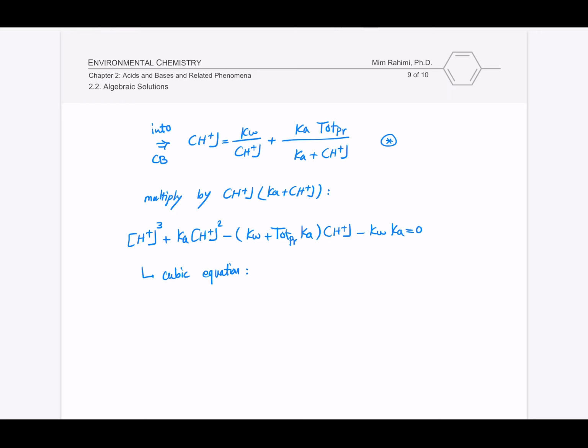And when we solve it, up to you how you want to solve it, then eventually we get H plus to be 10 to the minus 3.96, or the pH of 3.96. As we're expecting, this is bigger than 3. So this is the exact answer.